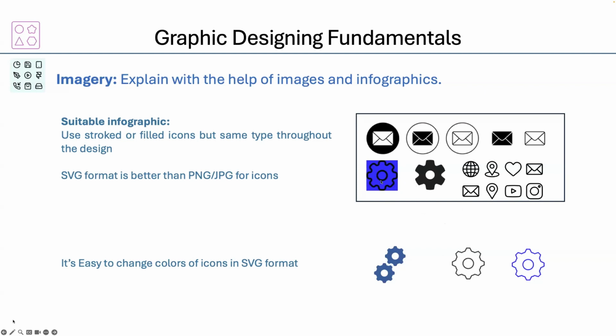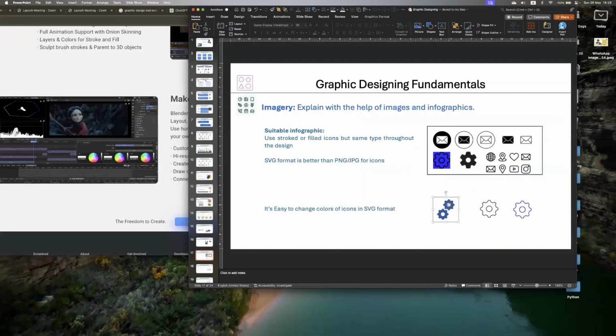Okay, but you have to take care of one thing: you should not use PNG format when using infographics. These are all PNG and these are SVG format. The benefit of using SVG is that when I try to change the color, like fill a different color, it changes like this.